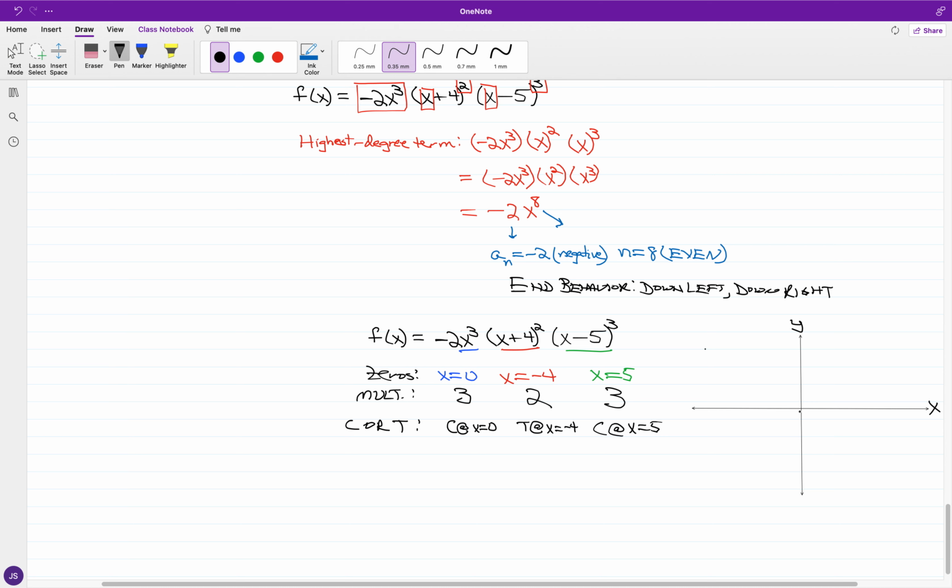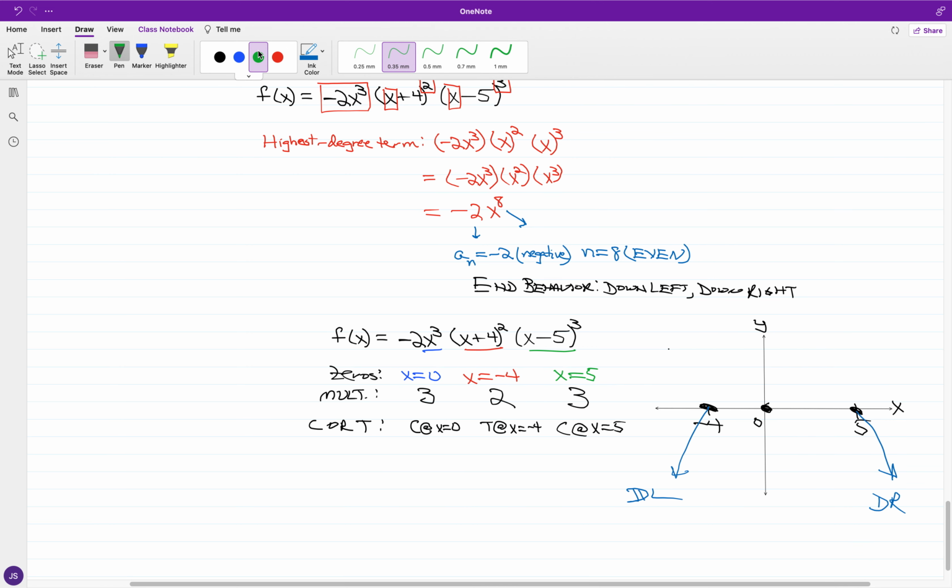Okay, so you got 0, -4, and 5. So those are our 3 zeros. Now for the end behavior, again, we have down to the left, down to the right. So we got down to the left, down to the right.